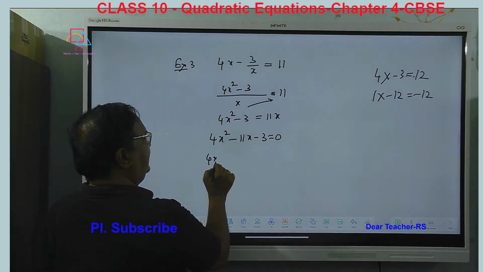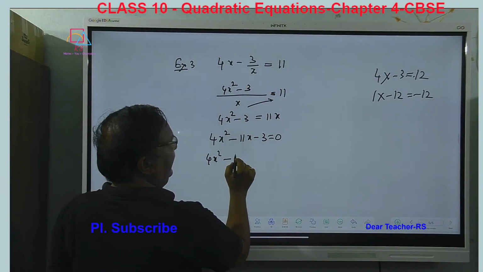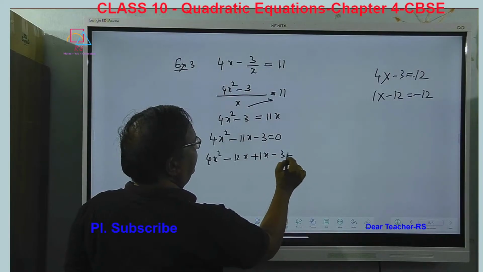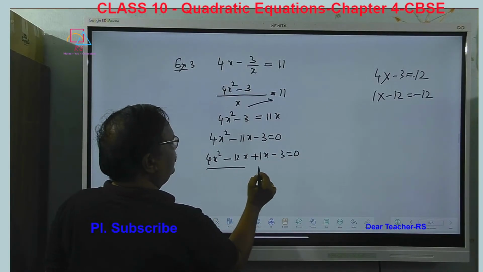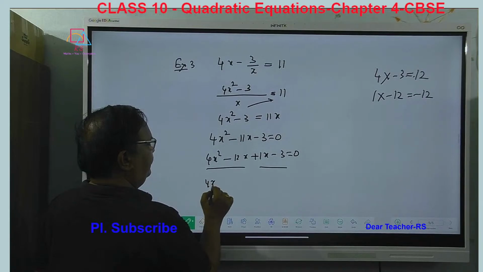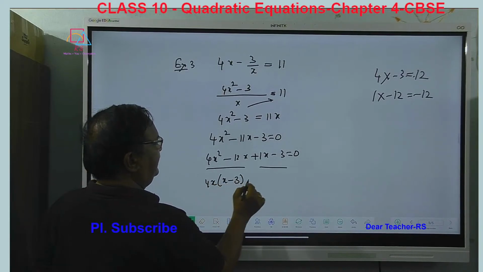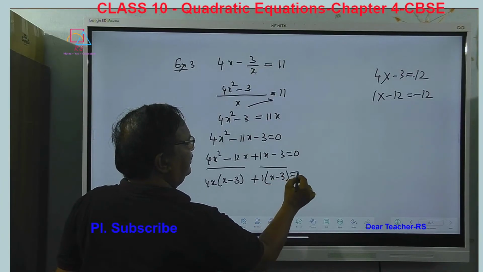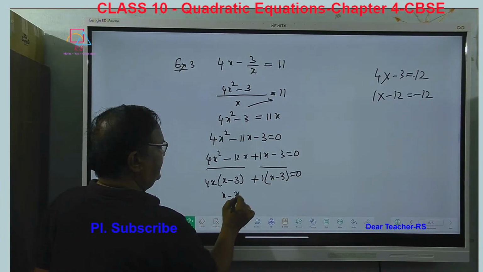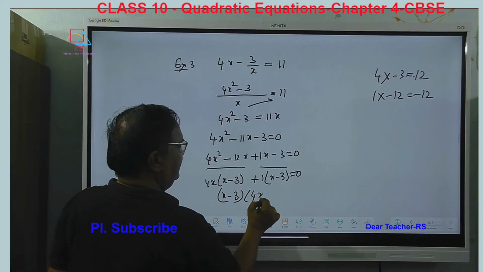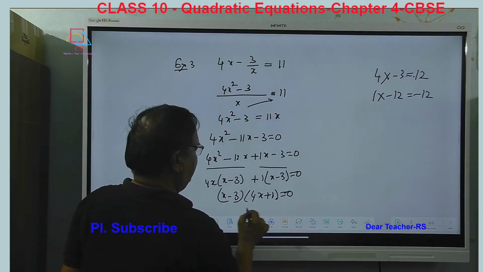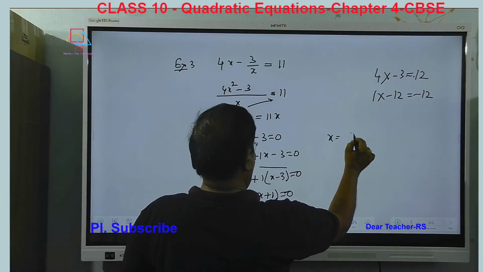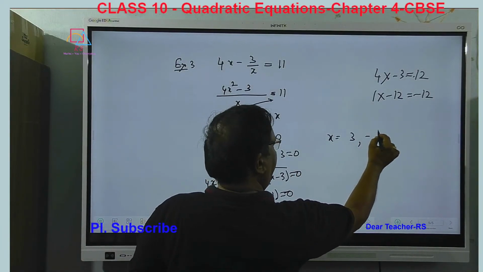So, 4x square minus 12x plus 1x minus 3 is equal to 0. First 2, last 2, you take 4x common, x minus 3. Here nothing is there, 1 is the common. So, x minus 3 into 4x plus 1 is equal to 0 and x is equal to 3 and minus 1 upon 4.